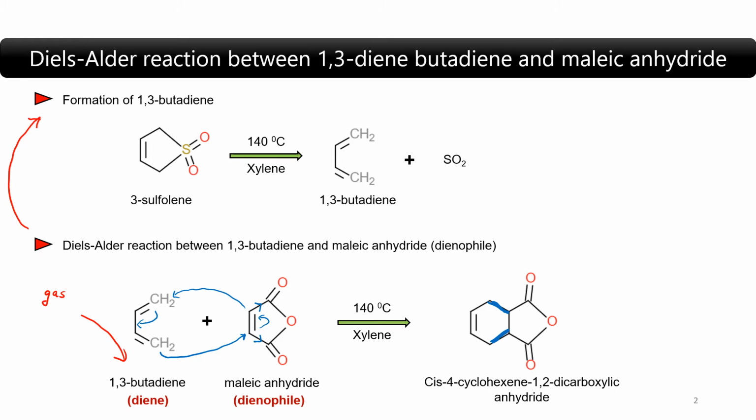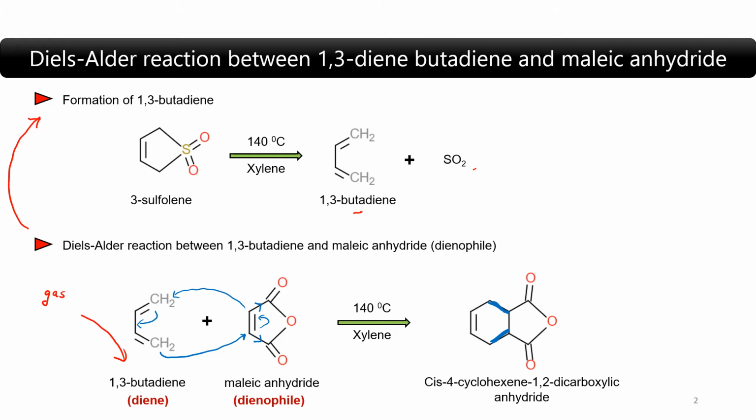We are using this compound called 3-sulfolene, which is a solid, so we can measure it. Once we heat it to a high temperature, the electron shifts will cause this to break down into 1,3-butadiene and sulfur dioxide.